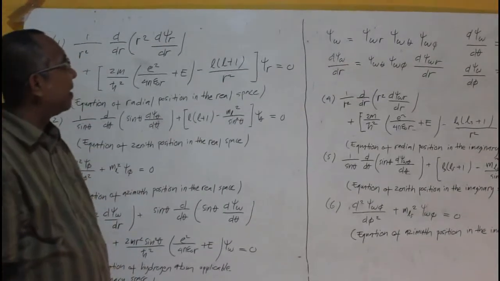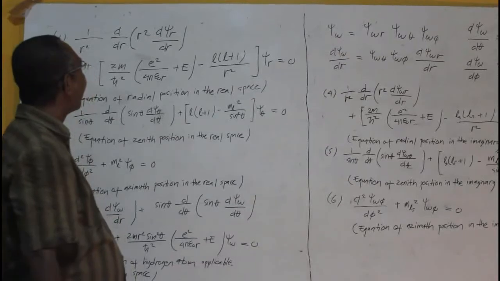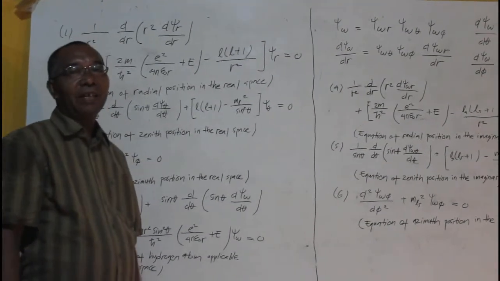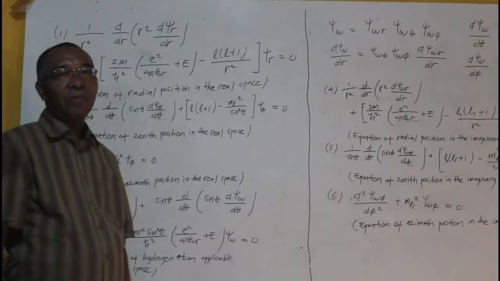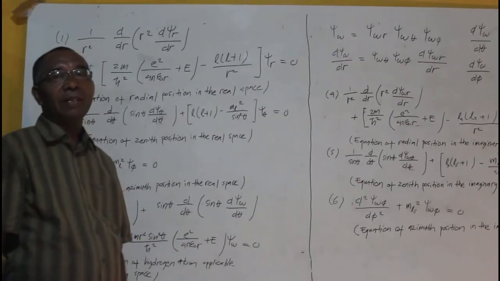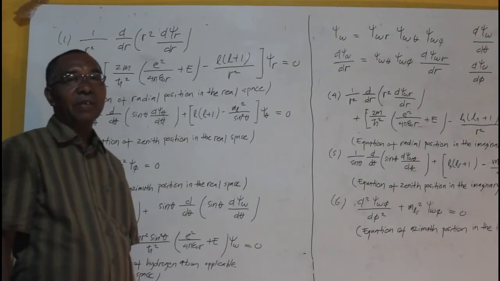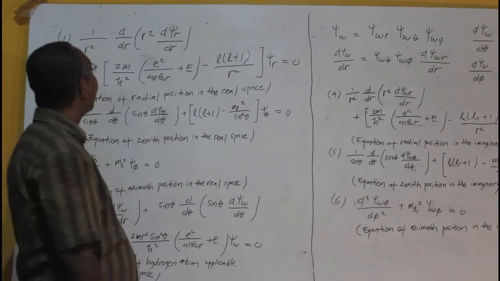Thus, after the separation of variables of r, theta, and phi in the Schrödinger equation of hydrogen atom applicable in the real space, we obtain three differential equations as follows.